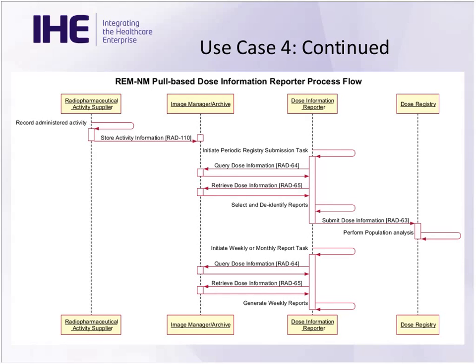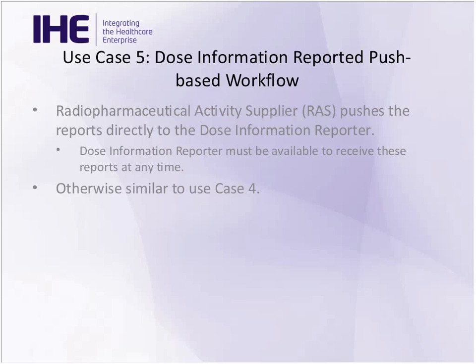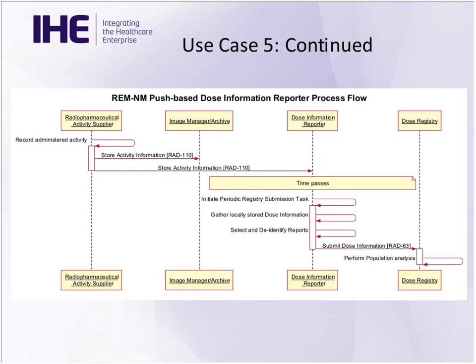Do the push now, Joe. So the RAS is the first one. It is now pushing the RRDs to not just the image manager archive, but also to the dose information reporter.